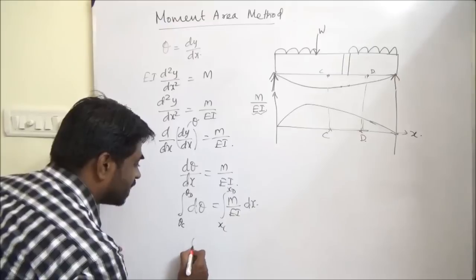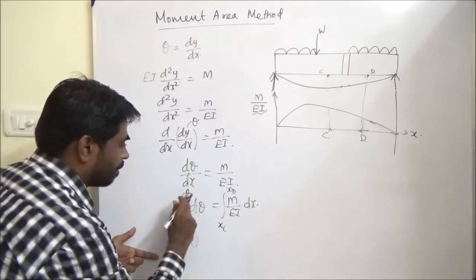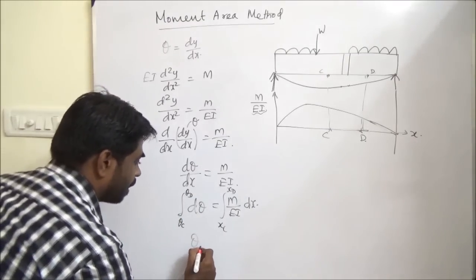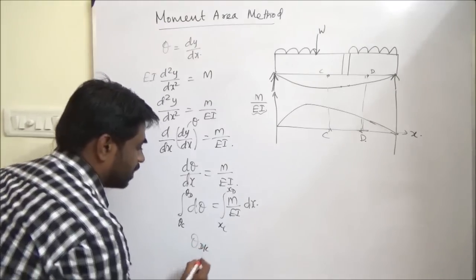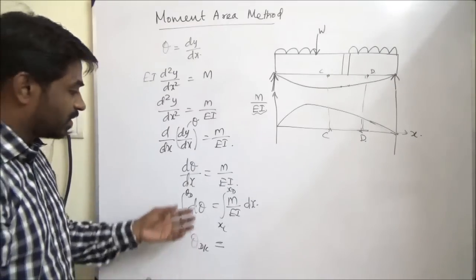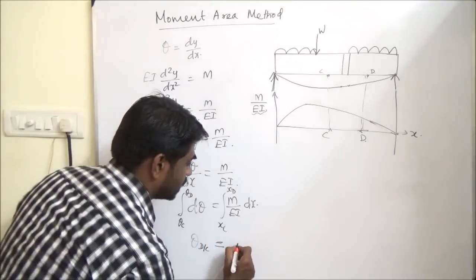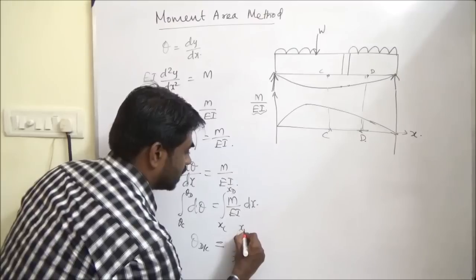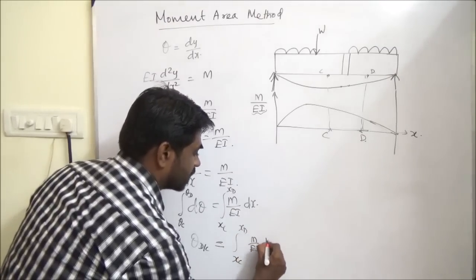So what we get, maybe we write this as theta D minus theta C equal to, this is nothing but the difference of the theta, the integral from C to D of M by EI dx.